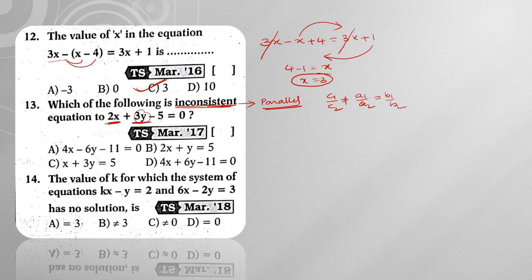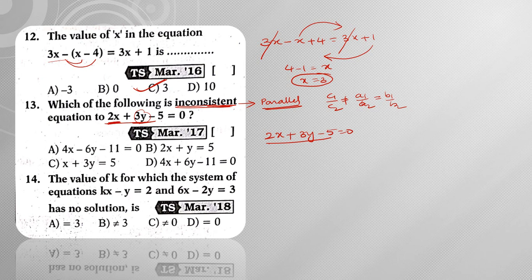So when you consider any multiple, you should have the multiple of 2x plus 3y as such. When you consider this particular thing, you should have 2x plus 3y minus 5 is equal to 0. So this is the given equation, right?